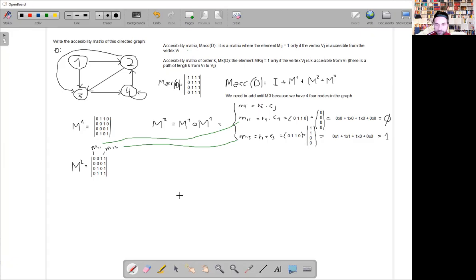Okay, and now, if we want to calculate M3, which is the last one, we just need to multiply M1 three times, right? And this is equal to multiplying M2 by M1.